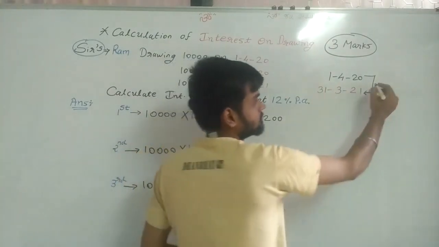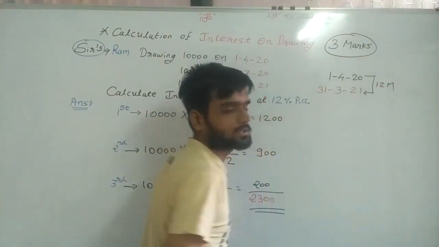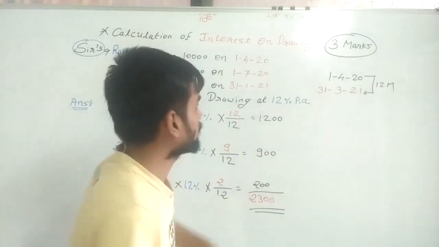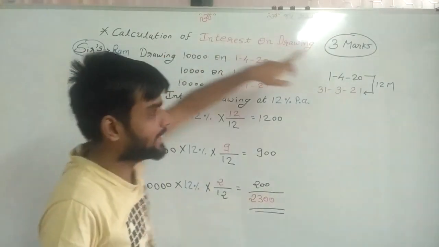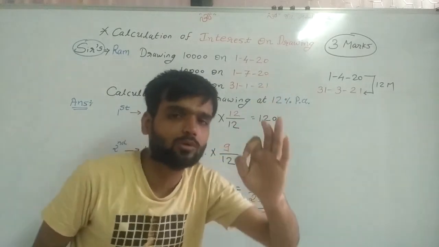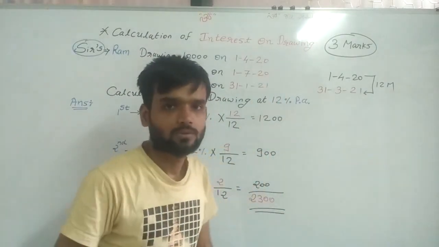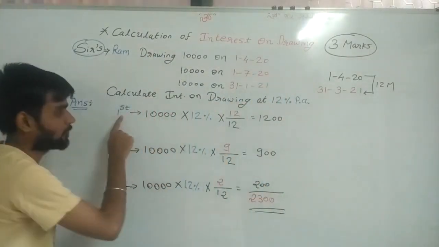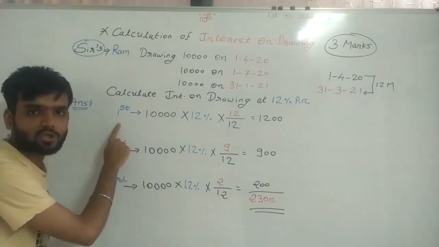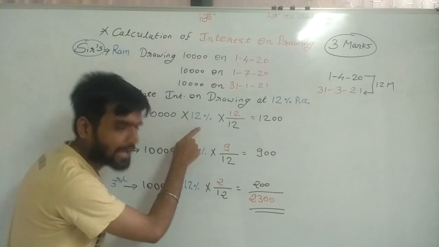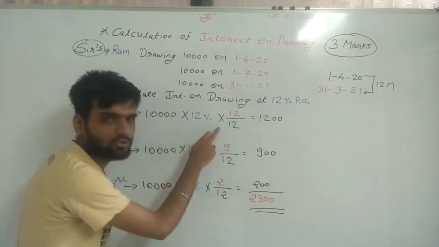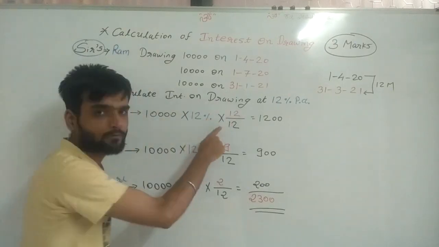So for the first 10,000 rupees, 12 months interest is calculated. First calculation: 10,000 into 12 percent into 12 divided by 12.